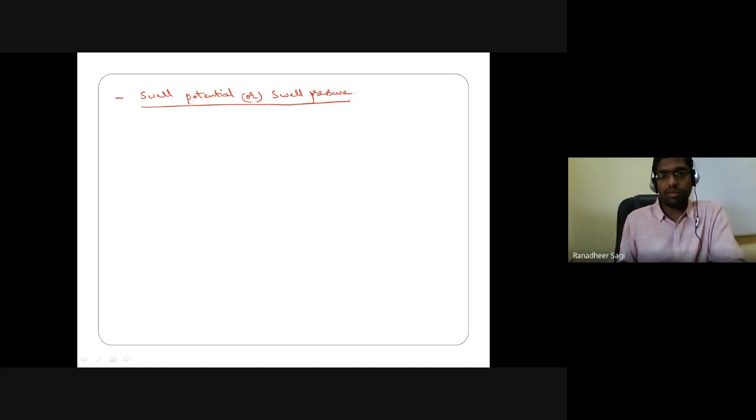Now we'll try to understand how to identify how much the swell pressure of that soil is going to be. If I know the swell pressure, then in order to counterbalance that swelling or expansion in volume, I know how much corresponding pressure has to be applied on that soil.